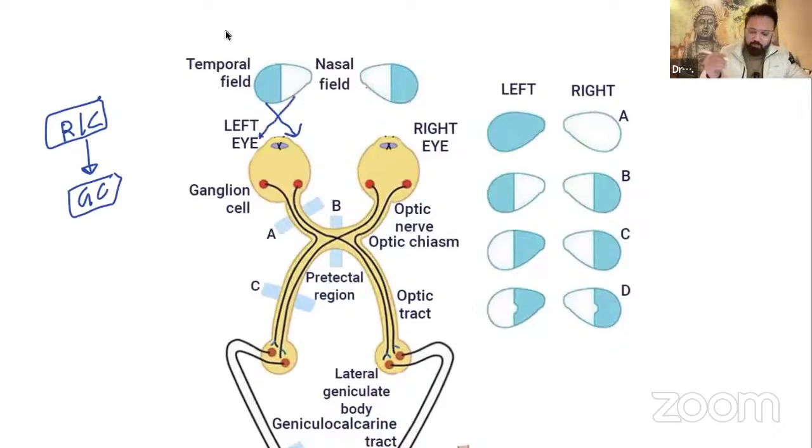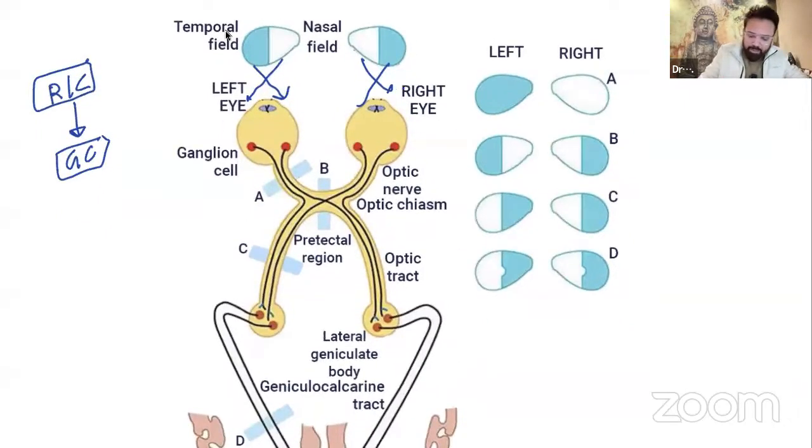This is your nasal field. It will crisscross like this. Temporal field will go to nasal hemiretina. Nasal field will go to temporal hemiretina. Now tell me, which will cross in optic chiasma? Is it temporal field will cross or nasal field will cross?